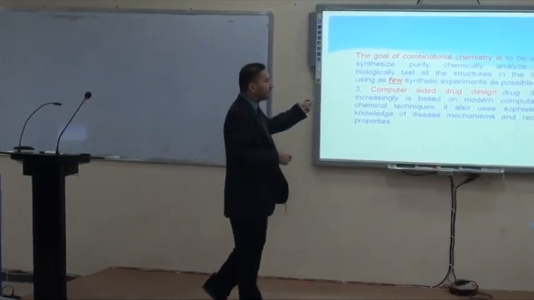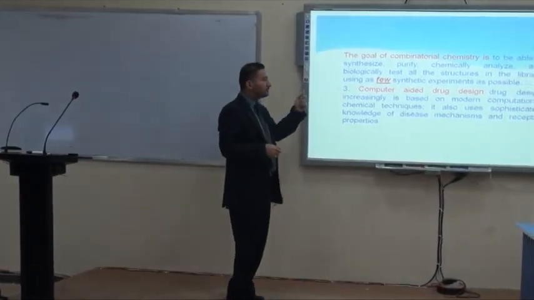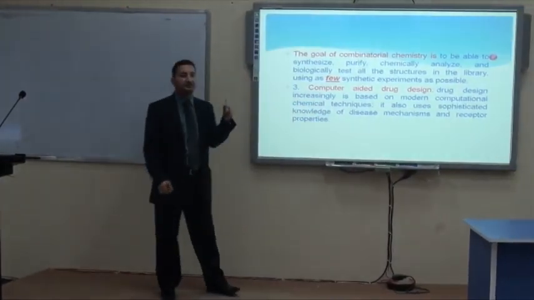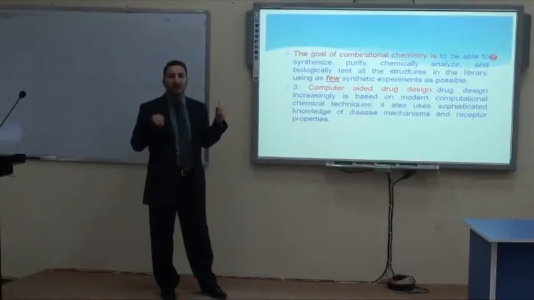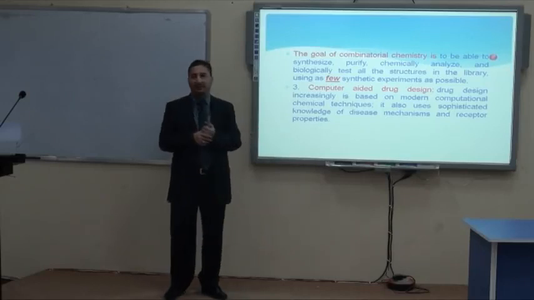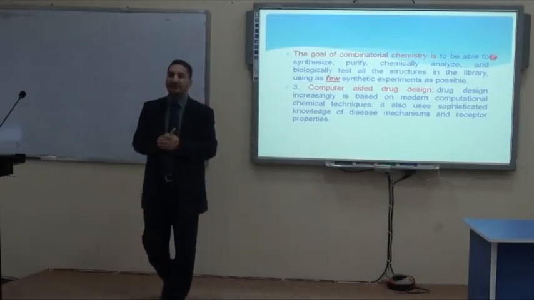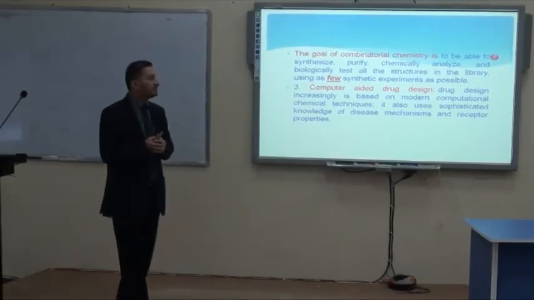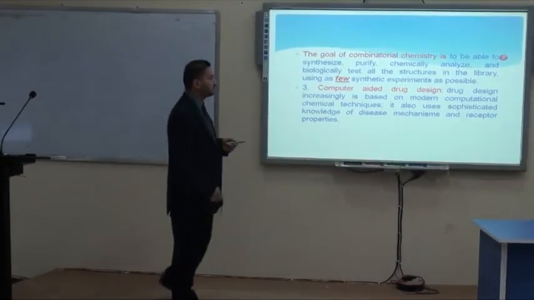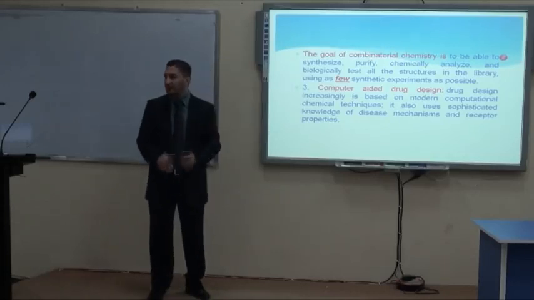This type of approach depends on sophisticated knowledge of the disease mechanism in which our drug will act, and also a good idea about receptor properties. These are the three types of approach in drug design. Any question?